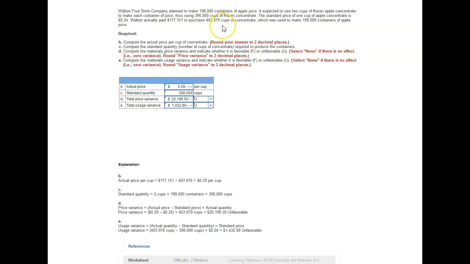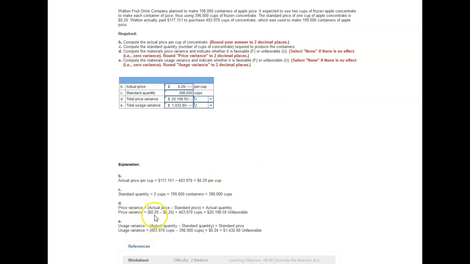403,970 cups. Now, you need to keep in mind when you're looking at containers and when you're looking at cups. The cups of concentrate, that's the raw material. The container, like it says here, containers, that's the output. That's the product you're making.